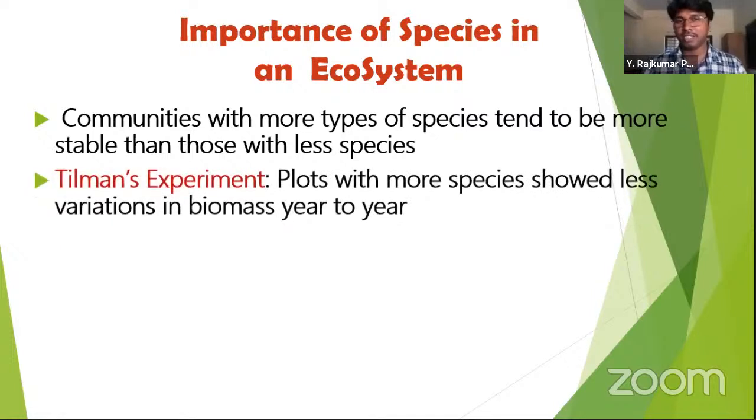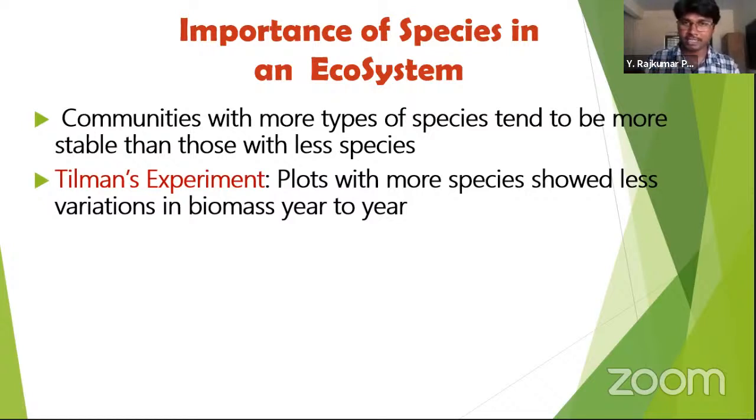Next, we learn about the experiments of some scientists. The first experiment that we are going to learn is Tilman's experiment. From his experiments, he proved that plots with more species showed less variation in biomass year to year. If there are more species in a plot, that means the area, then there will be less variation.